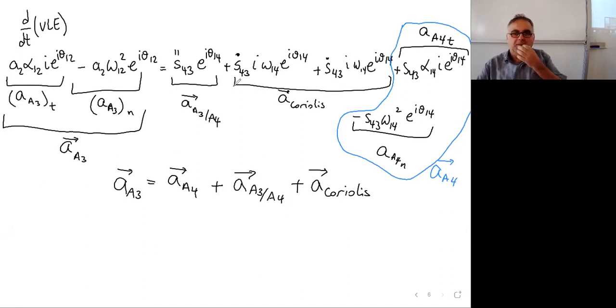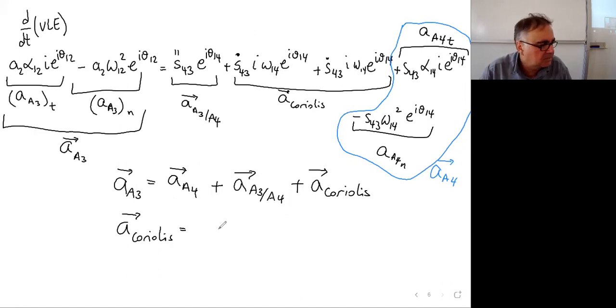Okay. This is the Coriolis term, and as you see, the Coriolis term is 2 times S43 dot omega 1,4 i e to the i.